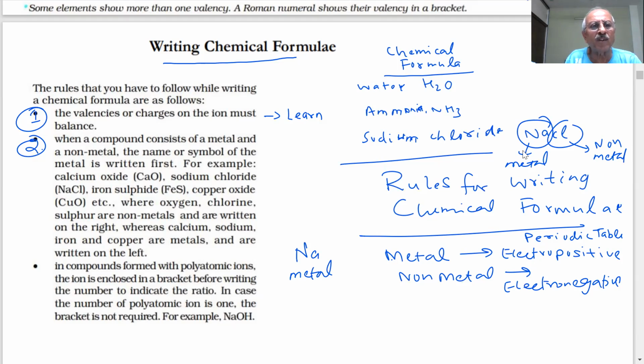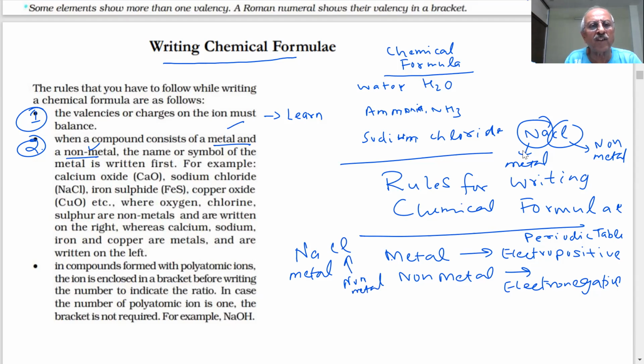So when a compound consists of a metal and a non-metal, I'm not saying both are metals or both are non-metals. When one is metal and the other is non-metal, which will be first, metal or non-metal? Metal first. Note down everything. So first will be metal, and then second, for example, Cl, which is non-metal.